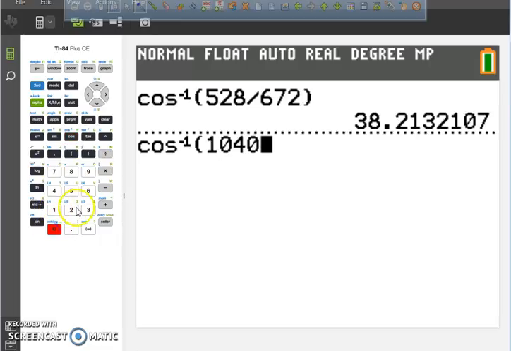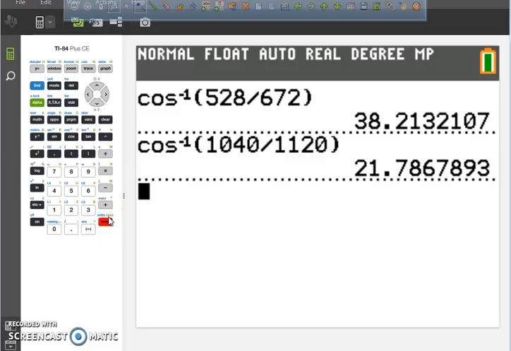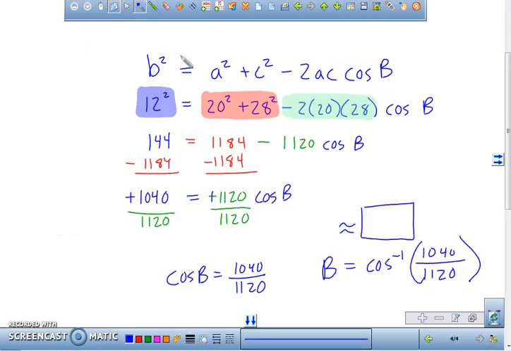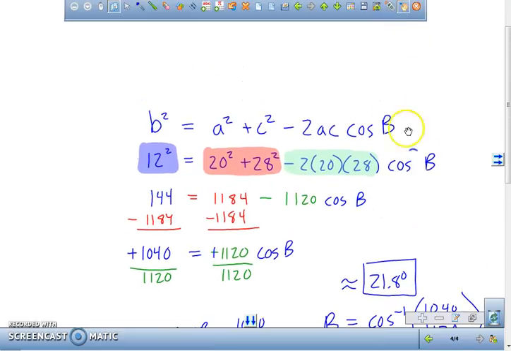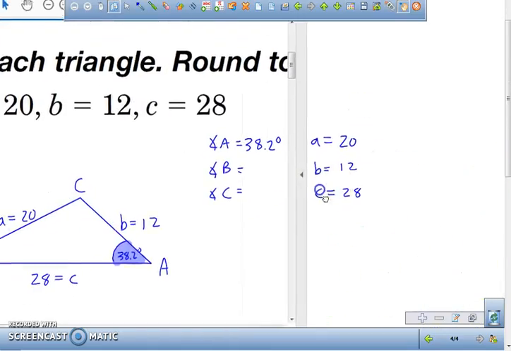So 1,040 divided by 1,120. And voila, we get 21.8 degrees. That's right, 21.8 degrees. We're going to go up here for B.